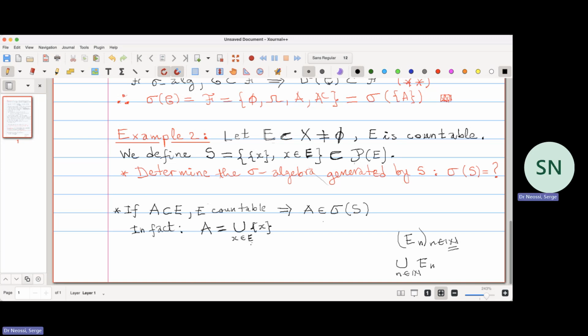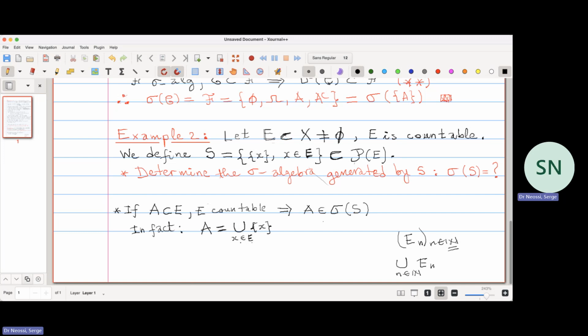Obviously, this union is not E, otherwise this might be E, but it's not, right? We take the union of x in E, but actually these x are the x that are in A. But those x, because they are in A, are also in E, right?